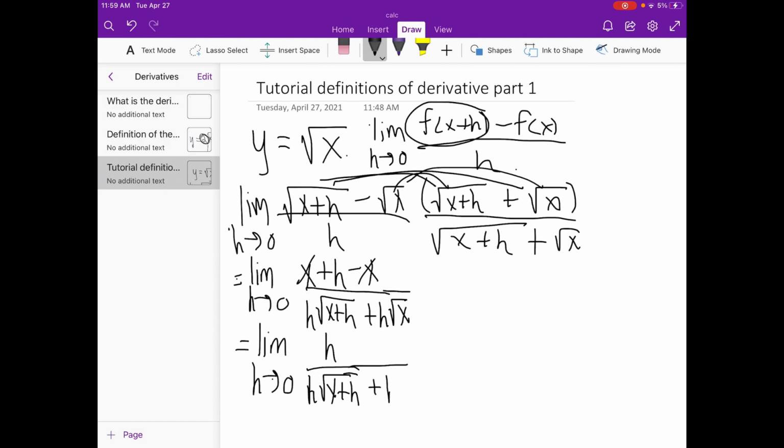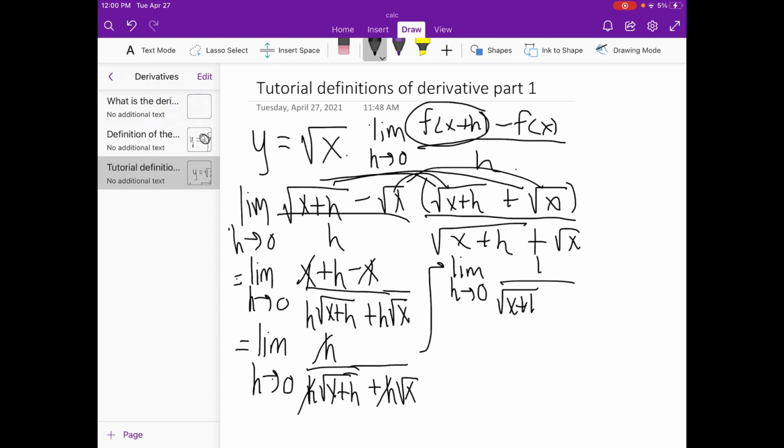Now it's just about some cancellations. I like to go through the cancellations a little slower because I don't want you to miss them. They're very important. So these h's cancel. You see how your pre-calc skills, they really come in use. You really got to be sharp in pre-calc if you want to do good in calculus.